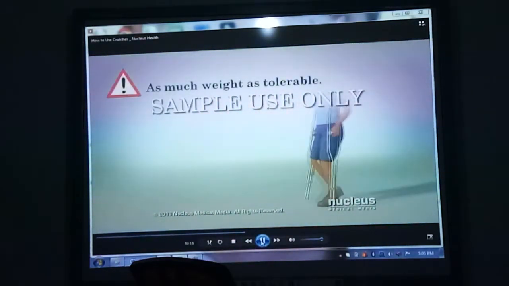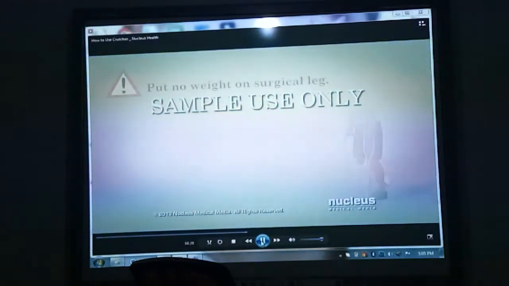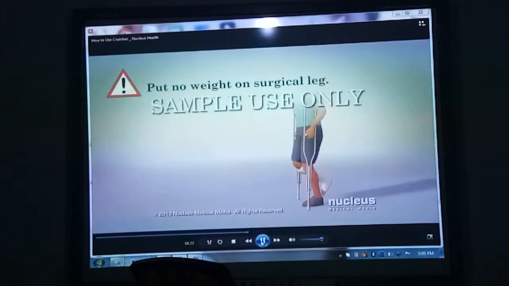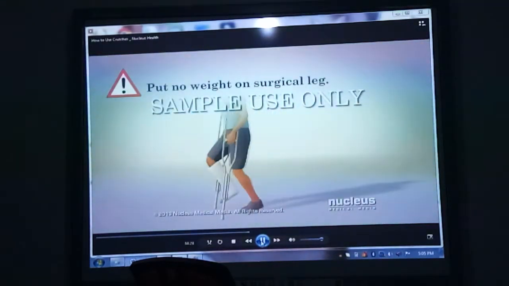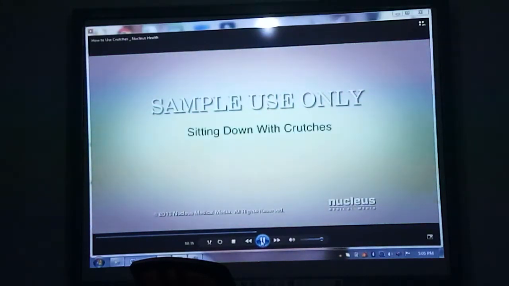Put as much weight on your surgical leg as you can tolerate, or not put any weight on your leg when walking with crutches. Be sure to follow your surgeon's instructions about if and how much weight to put on your surgical leg when walking with crutches. Next, you'll learn how to sit down with crutches.